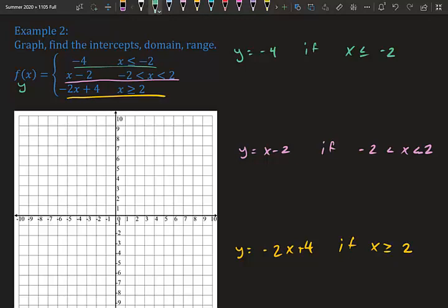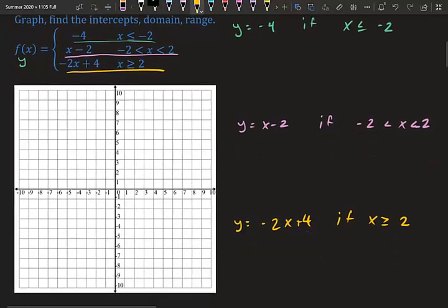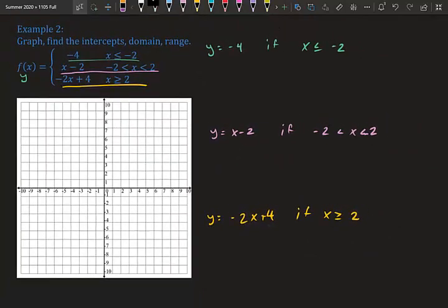Alright, I want to see if you remember what we do if we don't know how to graph something, because we don't know how to graph this right now. Even if you do, I'm pretending that you don't, because if you've taken pre-calc, you might have seen this. But right now, no one knows how to graph this. So anytime you don't know how to graph something, we bust out a T-chart. That's why I teach T-charts, because you can always use it, and that's exactly how we graph these. It's the easiest way to graph these.